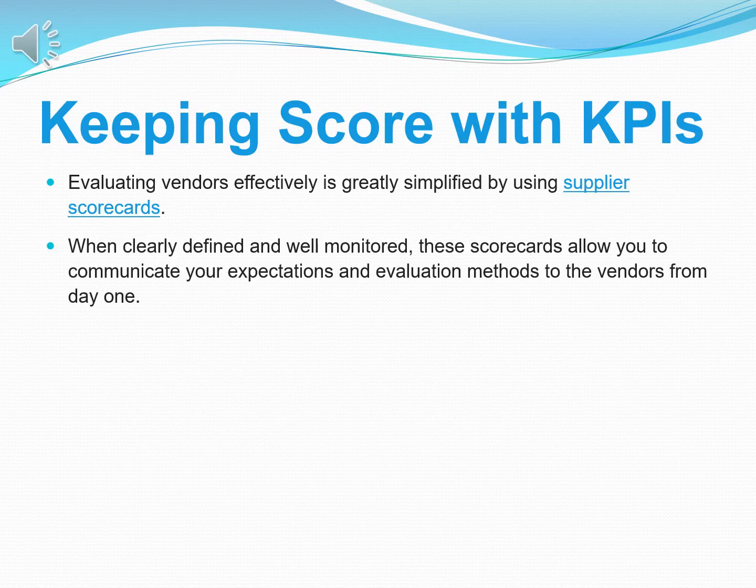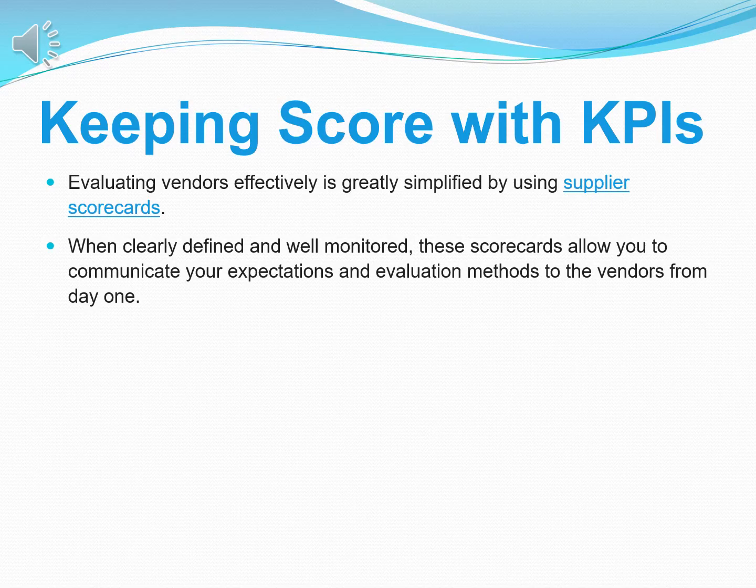Then how do we measure our KPIs? Evaluating vendors effectively is greatly simplified by using the supplier scorecard. So we use a scorecard for each supplier. We find out how they score on different factors, and we make a list of our priorities, or the things which we require.